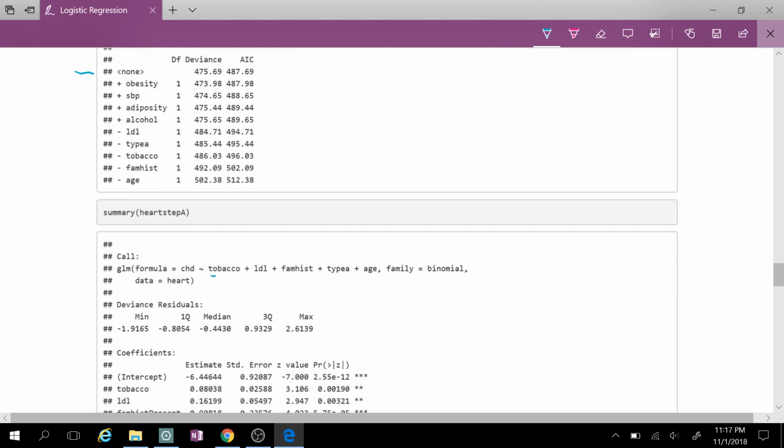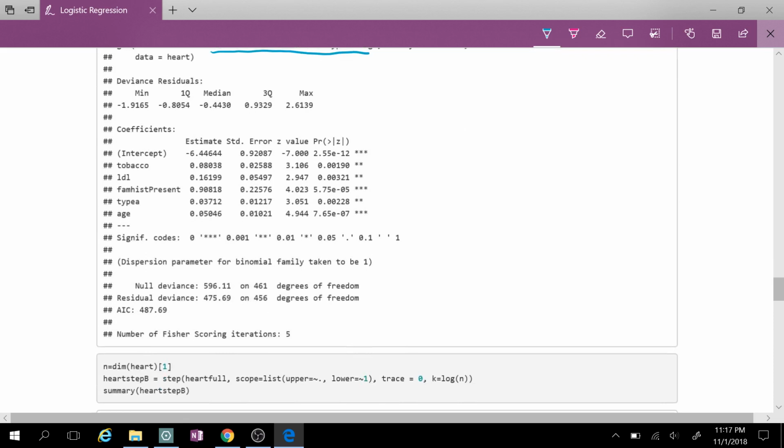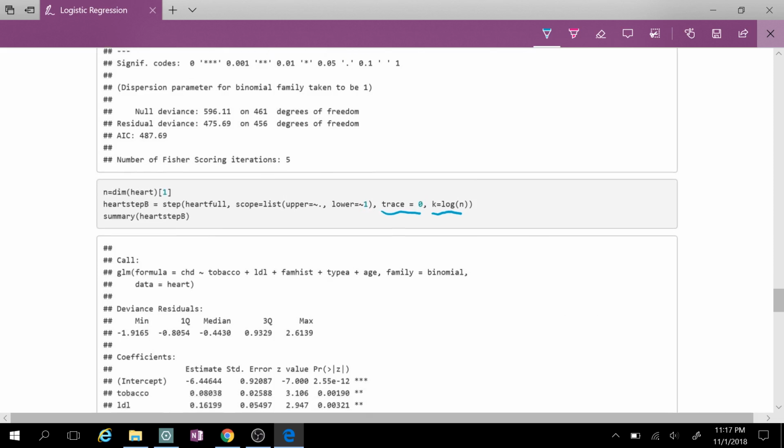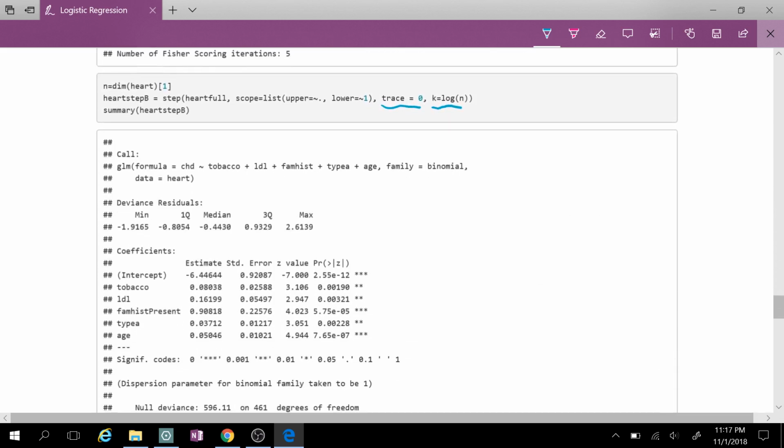I think we end up picking 5 covariates out of 9. And you can do BIC, and the command is almost the same. Here we're just telling R no need to show us the intermediate results. And for BIC, we have to set k to be log n instead of the default value 2. And it turns out BIC ends up picking the same model as AIC, a model with 5 covariates.